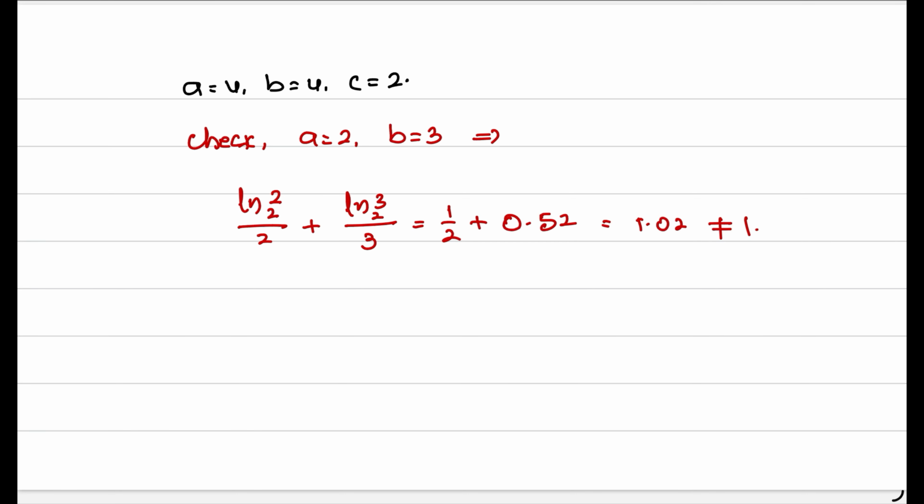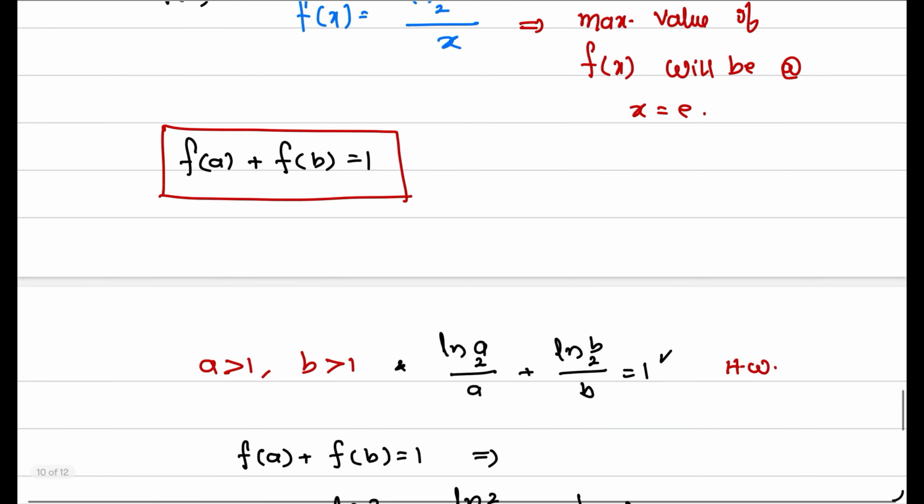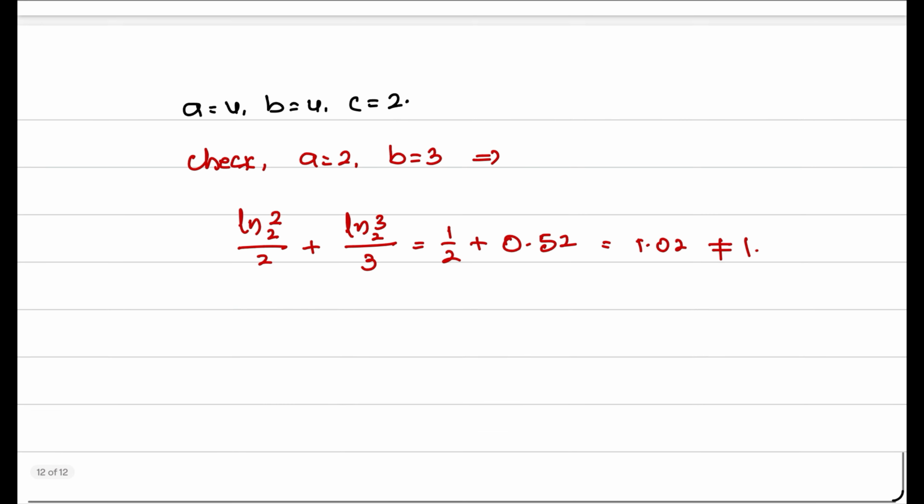Hence, any other combination is not going to give you and satisfy this particular equation. Hence, we can say the values can be interchanging. C will always be 2.